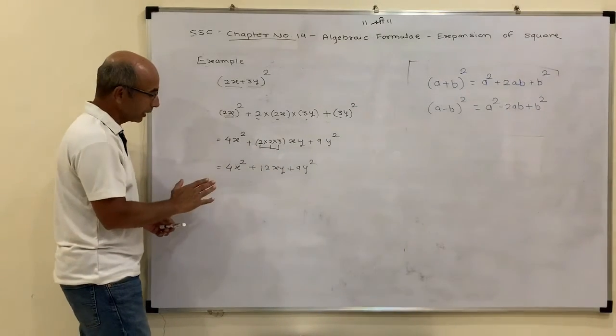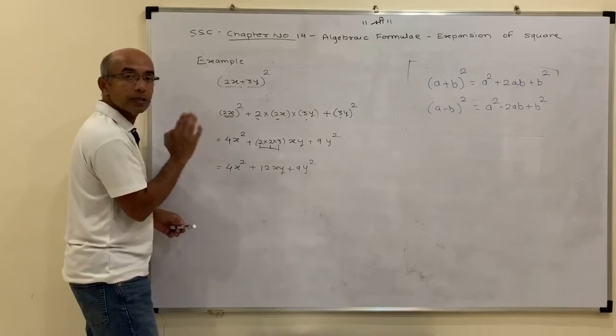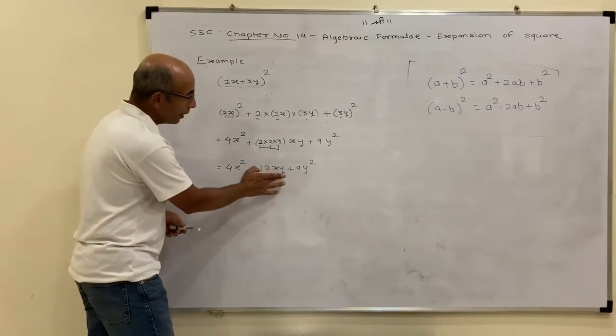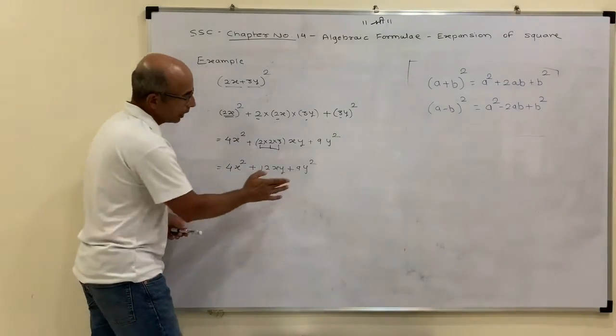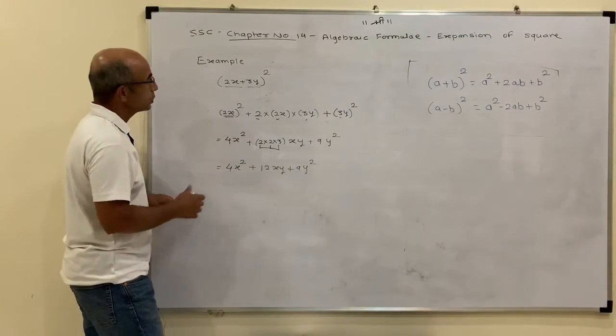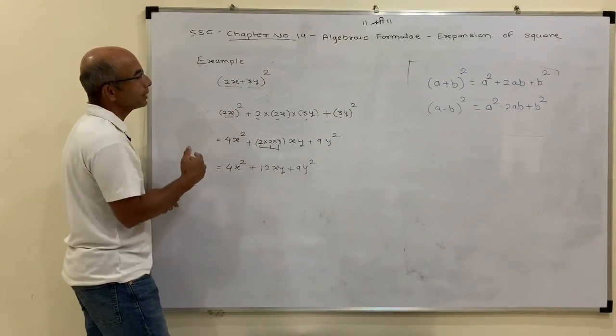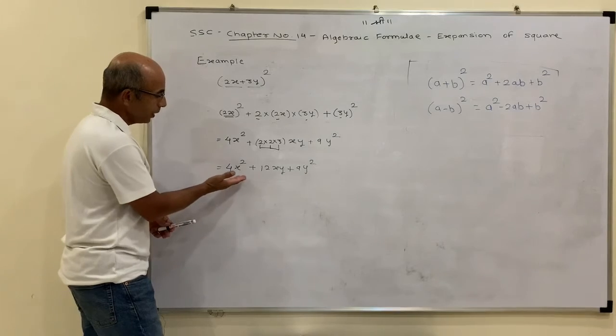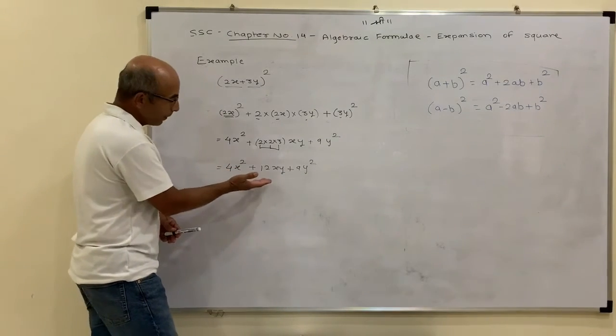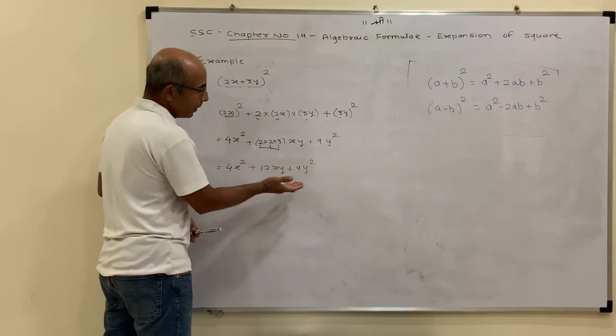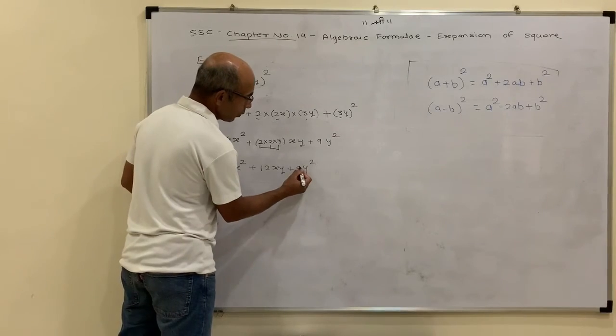So the expansion of (2x + 3y)² comes out to be 4x² + 12xy + 9y².